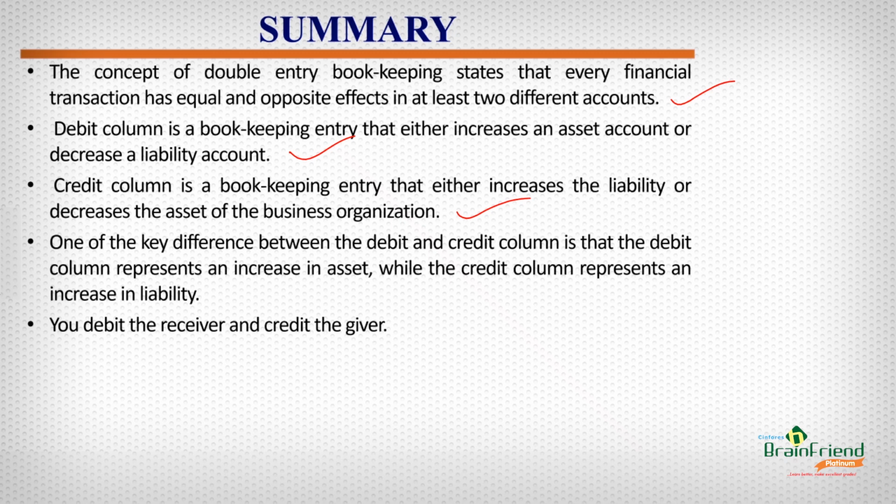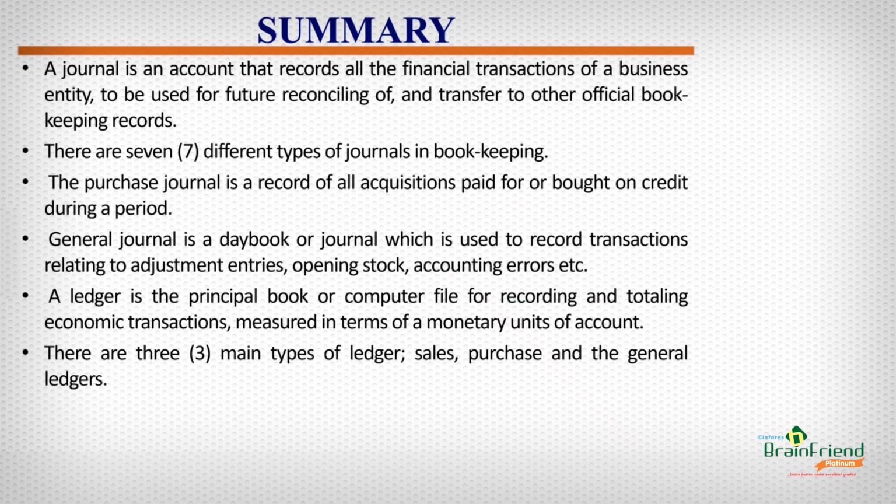We further learned that one of the key differences between the debit and credit column is that the debit column represents an increase in assets, while the credit column represents an increase in liability. Next, we learned that one debits the receiver and credits the giver when accounting using double entry bookkeeping.